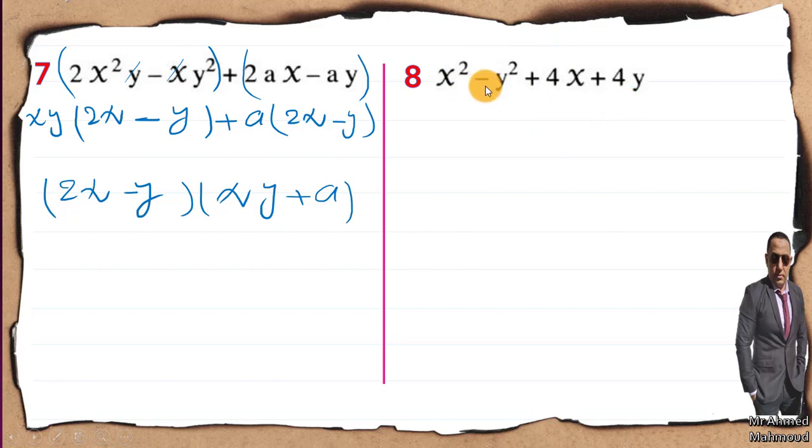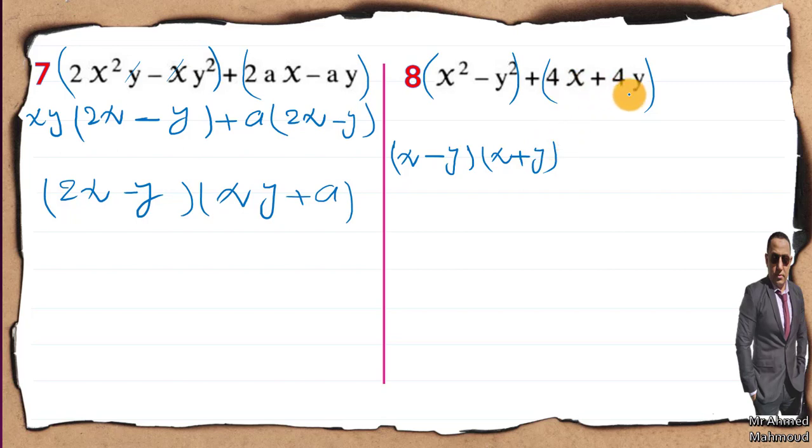So I have to factorize x power of 2 minus y power of 2, difference between two squares, like this. This is a group and this is the other group. Okay, the first group will be two brackets like this, negative and positive. X power of 2 will be x and x, y power of 2 will be y and y.